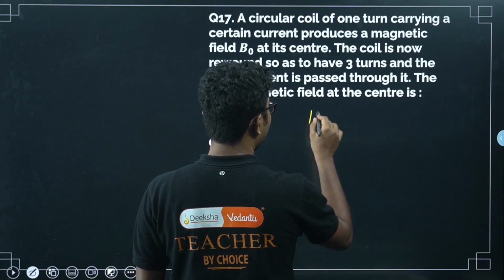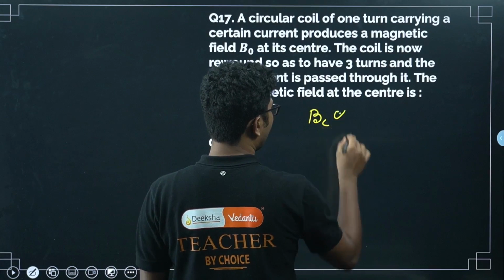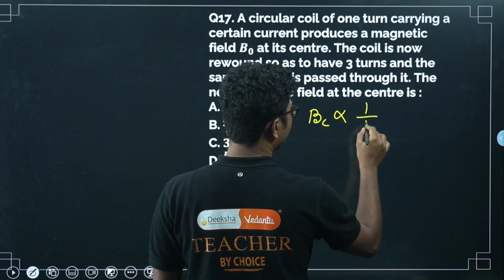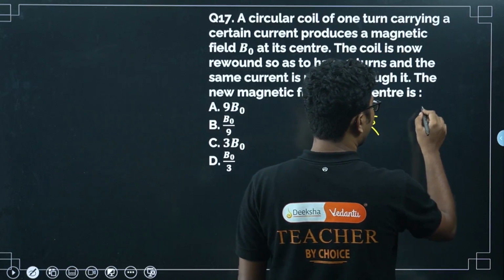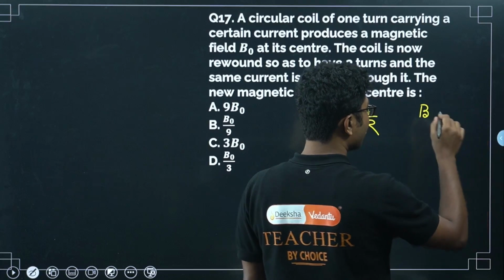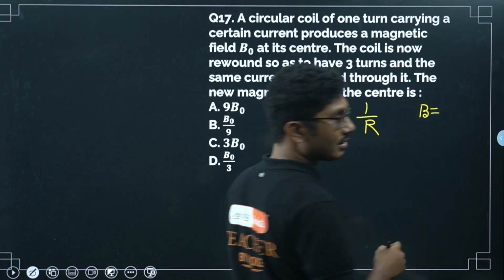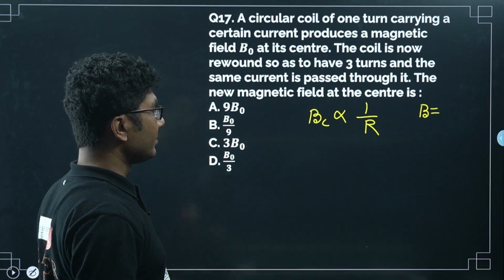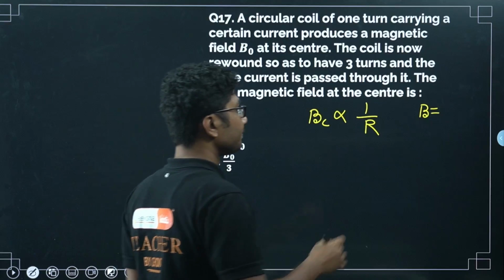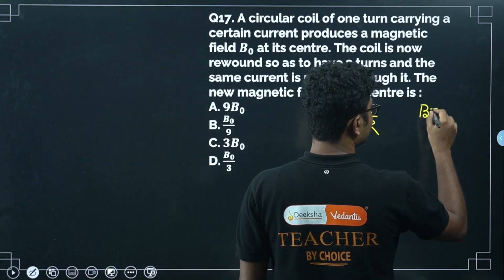Magnetic field at the center of a coil is inversely proportional to the radius. If you remember the formula that we have done for on the axis of the coil, and also at the center.